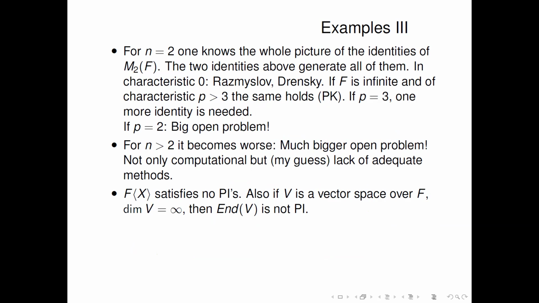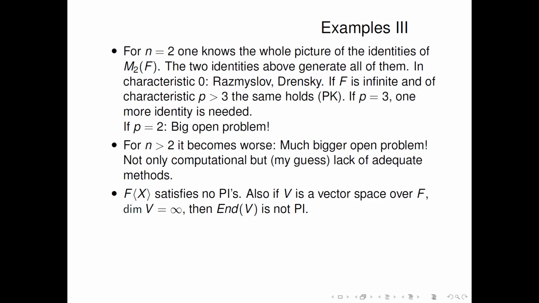In fact, it can be shown that the two identities we discussed, that the commutator squared commutes with everybody, plus S4, generate the ideal of identities of M2. This was shown in characteristic 0 by Razmyslov. In fact, Razmyslov found some finite list of 9 identities, if I'm not wrong, which could be reduced a bit.